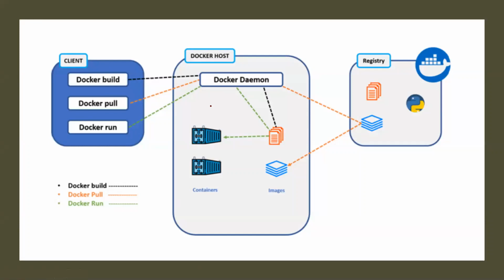The whole architecture follows the client-server model. The client has three things: Docker build, Docker pull, Docker run, whereas the Docker host has the Docker daemon and the Docker objects. Docker objects are two things: containers and images. The other one is the registry. Registry is nothing but a public repo or a private repo, something like GitHub, as an example. We have a separate one for Docker, which we call Docker registry.